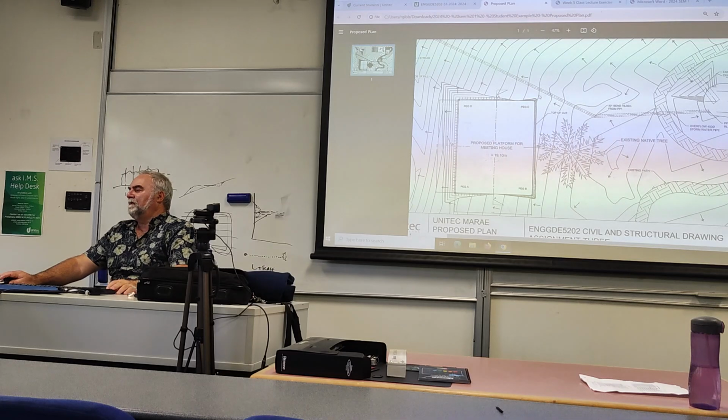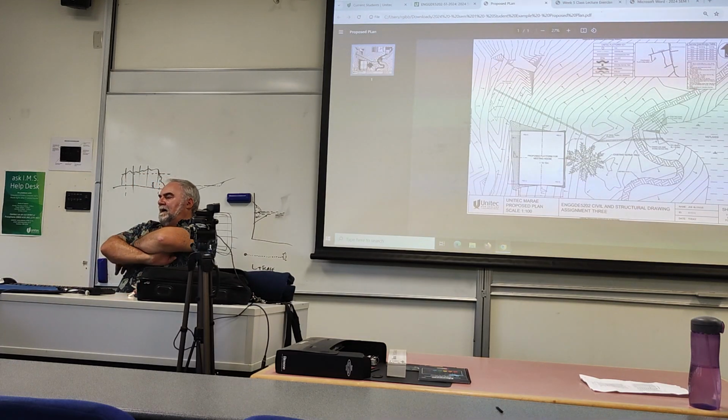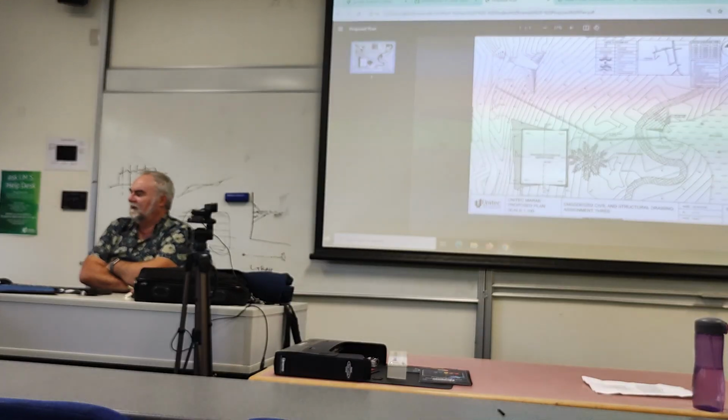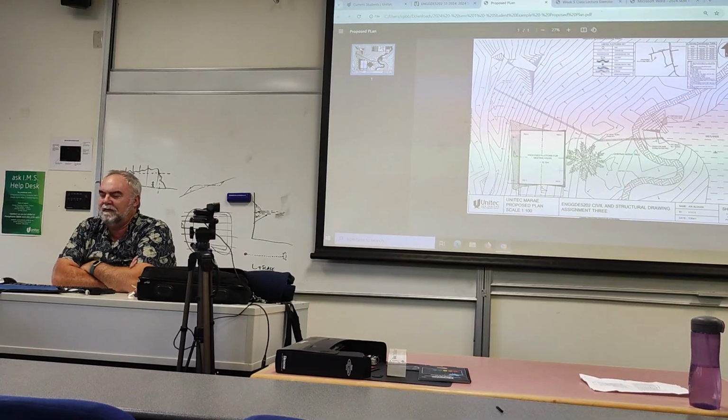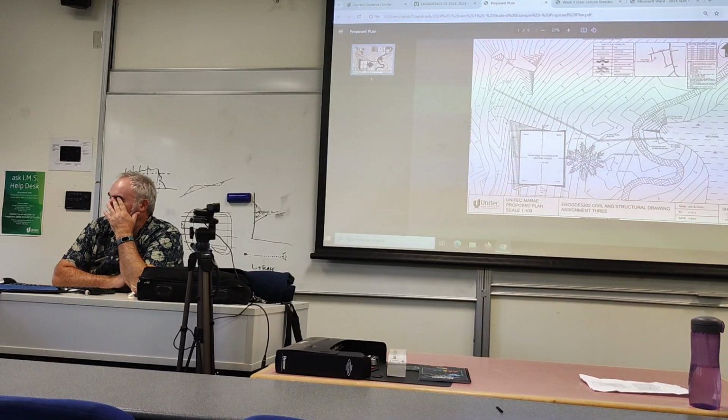I do ask for water flow arrows. Now, water flow arrows should be perpendicular to the contour lines. What they basically are doing is showing you which way the water would flow in a rain event. And they work very well if you start putting them on your drawing.